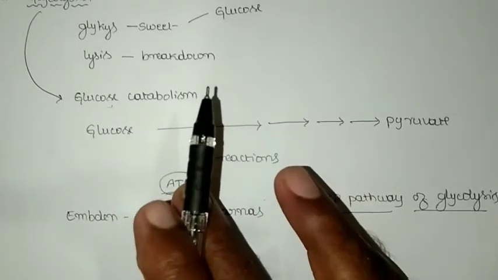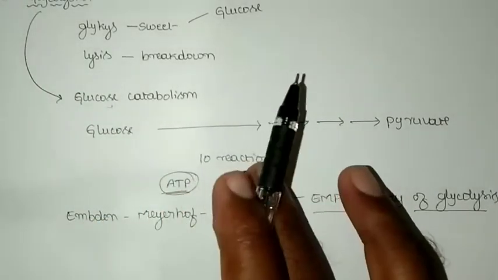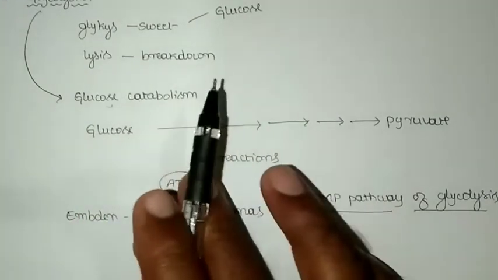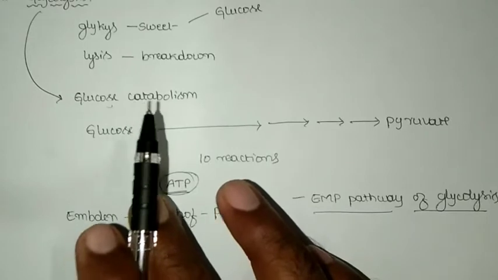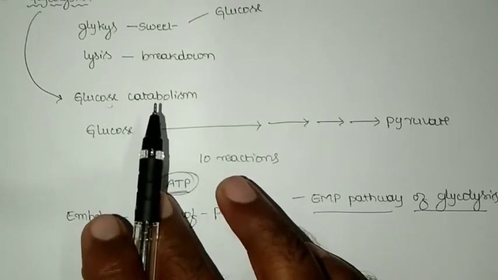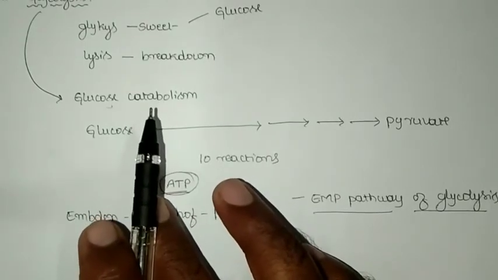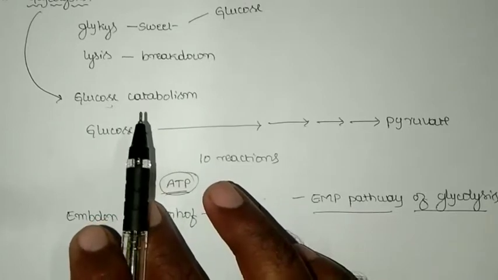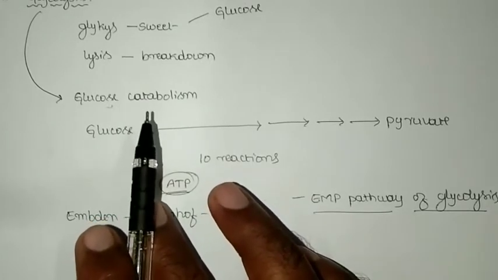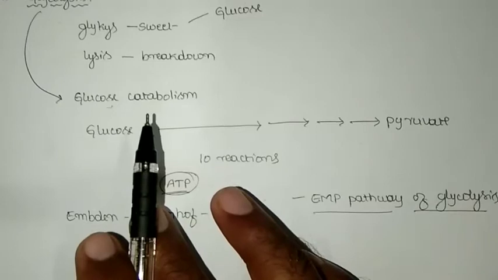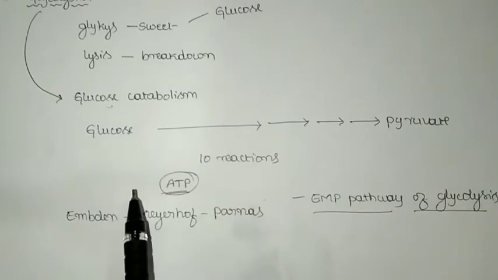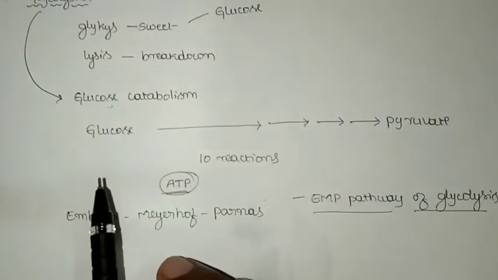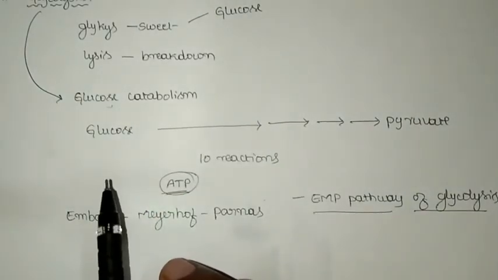In order to know at which stage the ATP production will occur, in which stage there is any consumption of ATP, how much ATP will be produced in a particular step, and what enzymes are involved in making a specific conversion, we have to go through the reactions of the EMP pathway, that is glycolysis.